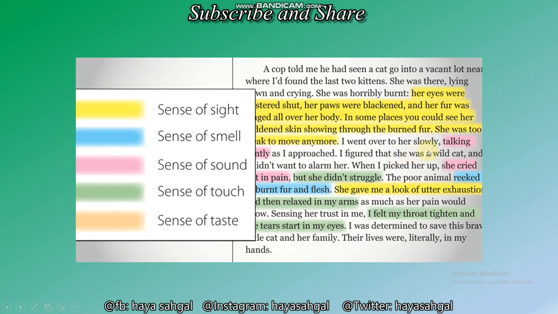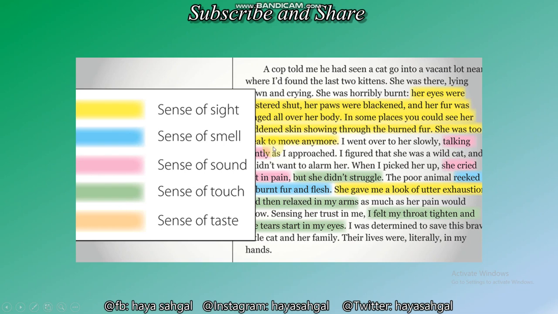I went over to her slowly, talking silently as I approached. I can just say talking as I approached, but no, to explain, silently is added, which will clarify to the reader that the writer was so calm and quiet at that time.